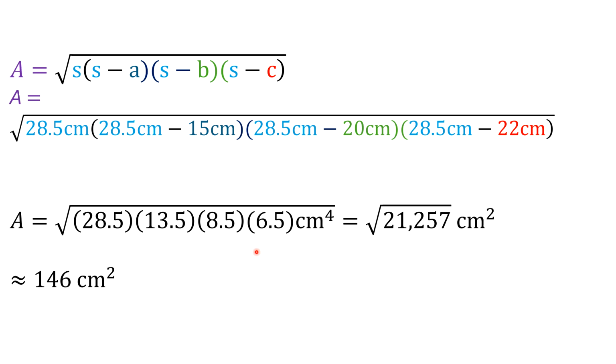8.5 times 6.5 centimeters to the fourth. They have centimeters times centimeters times centimeters times centimeters. Well, that's convenient because the square root of centimeters to the fourth is centimeters squared. That happens to give us an area type unit. And if I multiply these numbers together, I get 21,257.